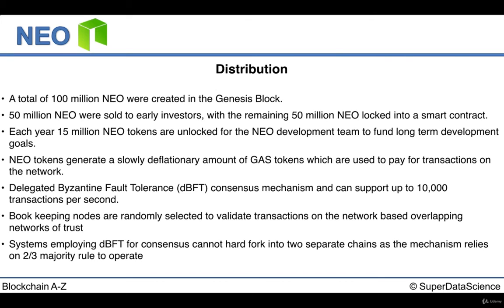Gas tokens, the alternative token, are used to pay for transactions on the network, and gas is generated at a rate of 8 gas per block. Production is reduced by 1 token for every 2 million blocks, and around the year 2039, gas circulation will reach 100 million and production will cease. Gas can be divided though, unlike NEO.